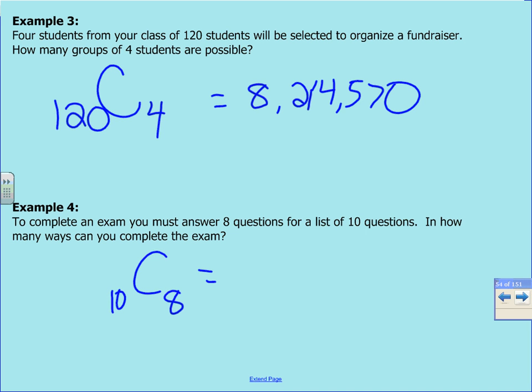Good. So there's 45 different ways to answer questions on a test. If you're answering 8 of them, you're choosing the 8 you want, but there's 10 of them. They still are all going to be answered. Mary? Yep. No, it's not.